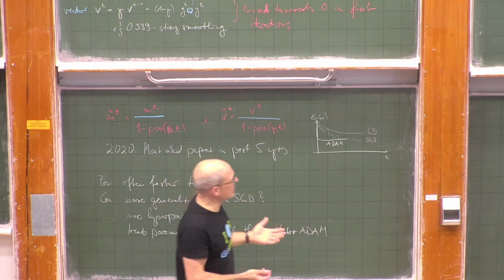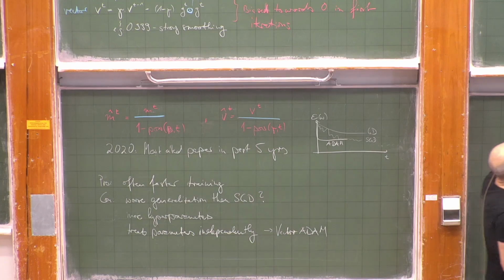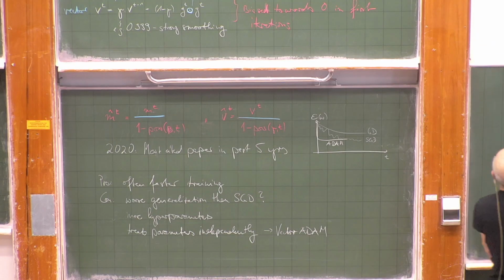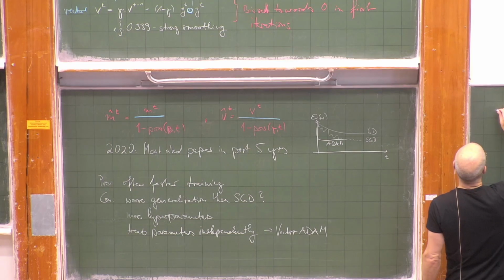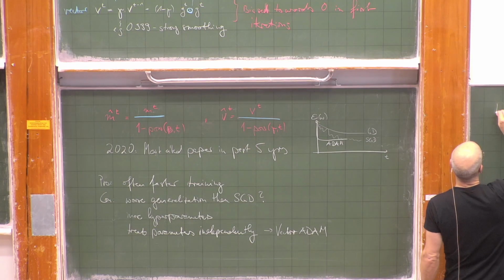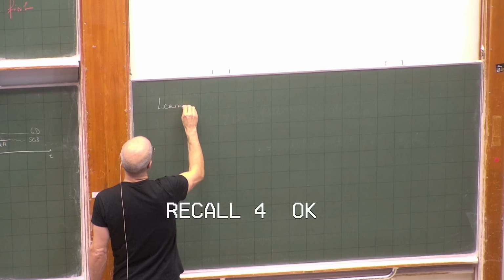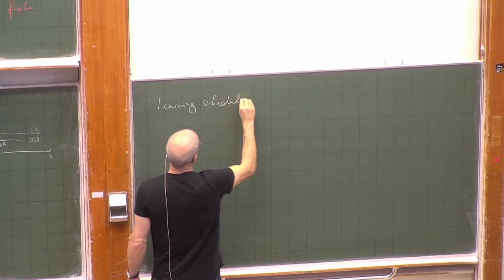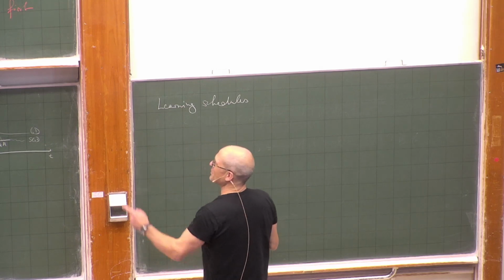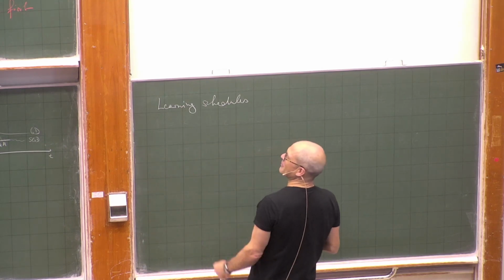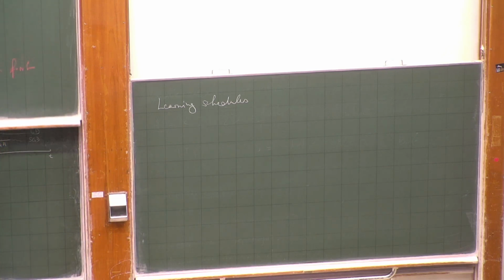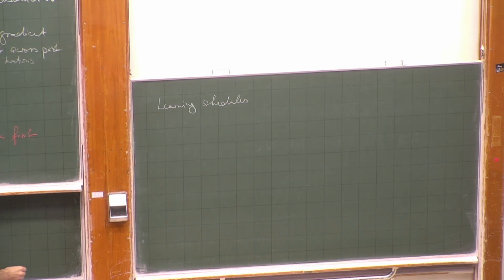And then there is a lot to say about the learning rates itself. So previously, I just had this magic step size alpha here, another hyperparameter.